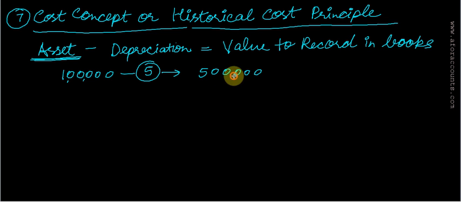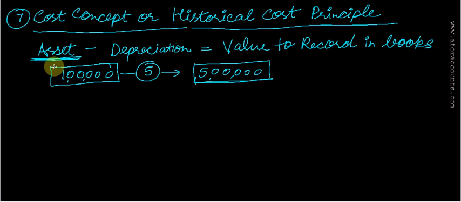Will I start recording the building at 5 lakhs in my books of accounts? No, that's not true. Only when I actually sell the building, I will record it as sales of my assets 5 lakhs, and the difference will be my capital gain at that time. But even if the market value is higher, I will still record my assets at cost less depreciation.